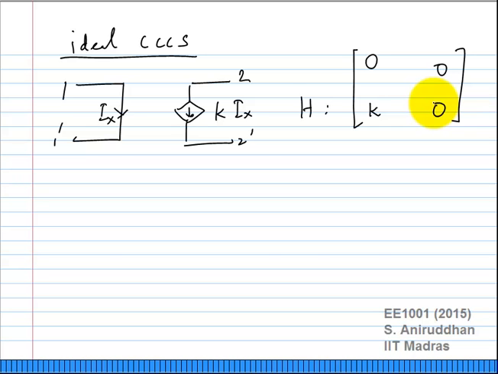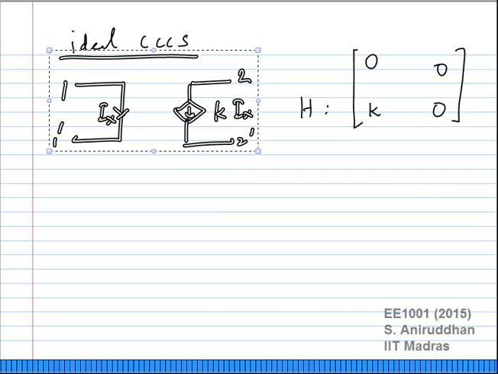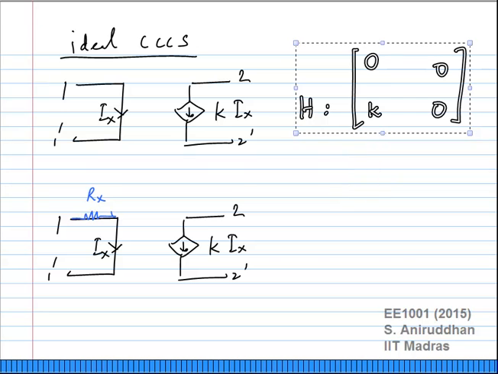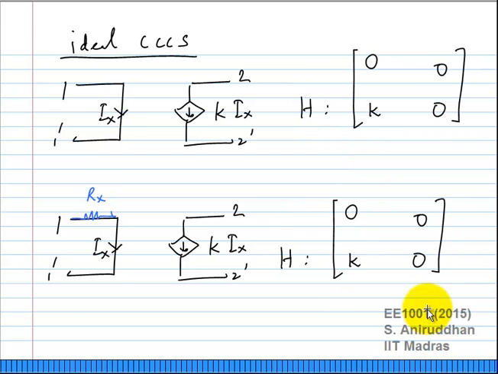And you can also extend this once you know it for the ideal cases. If I give you something like this, suppose I take this ideal case and I add a series resistance Rx, what will happen to the H parameters?